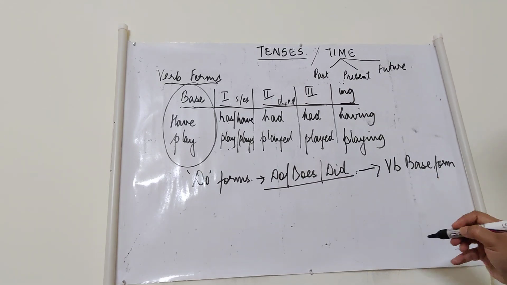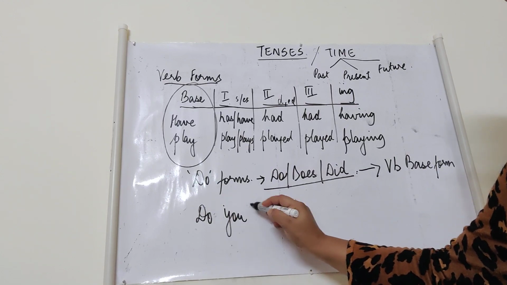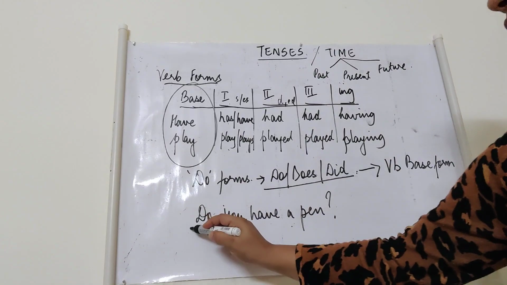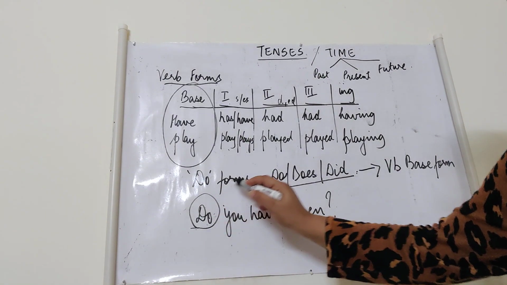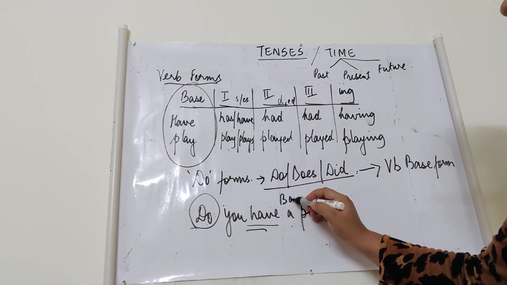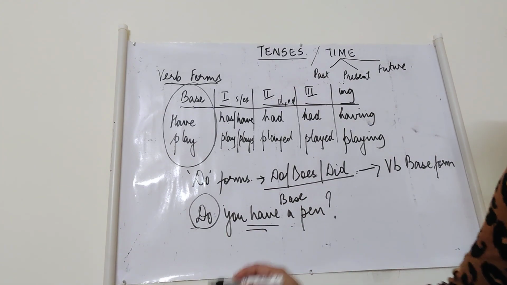Are you understanding me? For example, if I say, do you have a pen? Now here do is a verb, and every time the next verb which is following will always be in the base form.